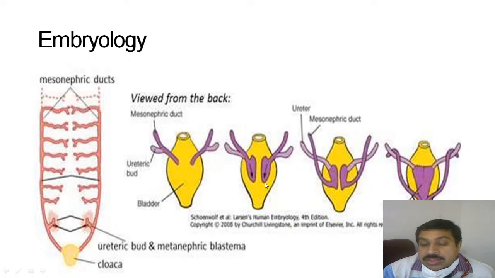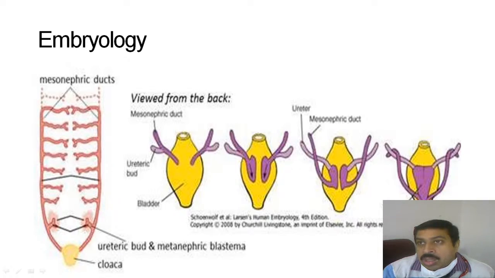This mechanism gets altered, thereby leading to improper absorption of tissues with residual fleshy structures left behind, leading to formation of these valves, which are just behind the union of these two, the vas deferens, which forms the seminal vesicle, and the verumontanum, or the ejaculatory duct.